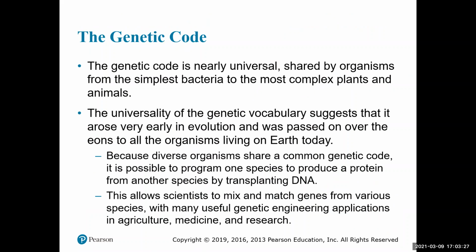What's really interesting with the genetic code is that it's almost nearly universal. What this means is that it's shared by organisms from all different kinds of evolutionary levels, from the simplest bacteria to complex plants and animals and vertebrates. We all share DNA. And there are specific sequences that are similar in our DNA from bacteria to humans. We have these shared sequences that are the same.